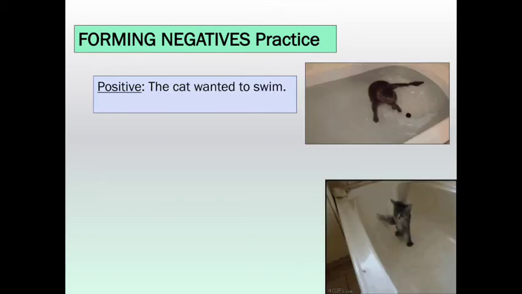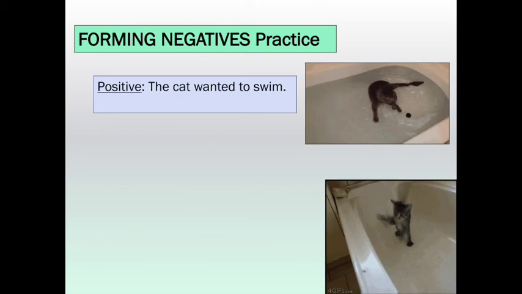The positive sentence: the cat wanted to swim. Look, again, we have a sentence without an auxiliary verb. This is past simple. In past simple, we use auxiliary verbs in questions and negatives.